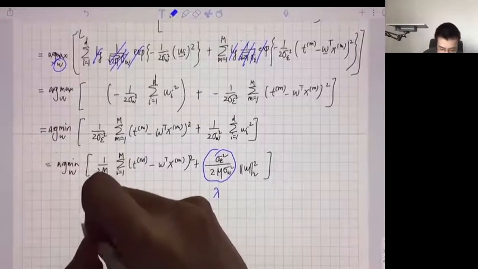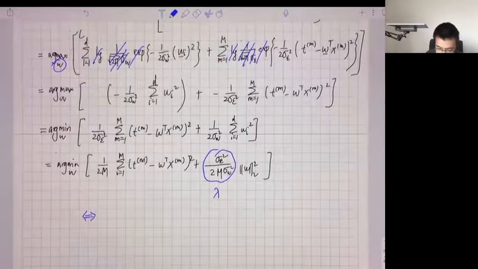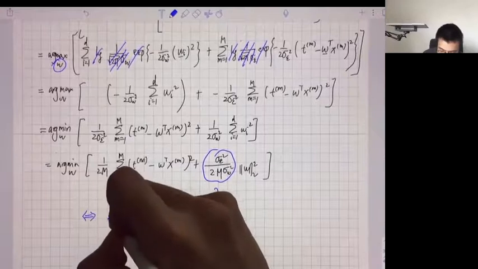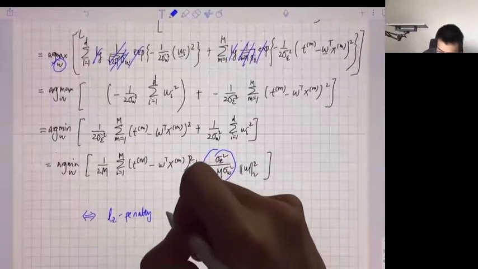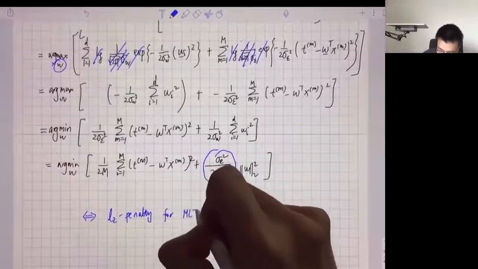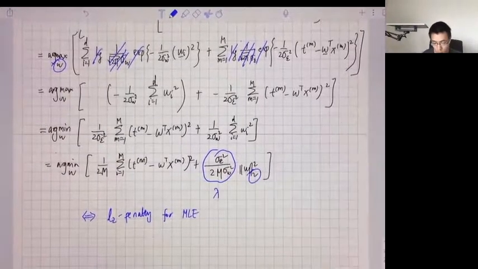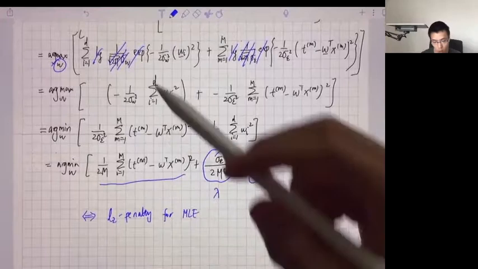So this is equivalent to an L2 penalty for MOD, right? Because it's the L2 norm, and then this is the MOD, okay?